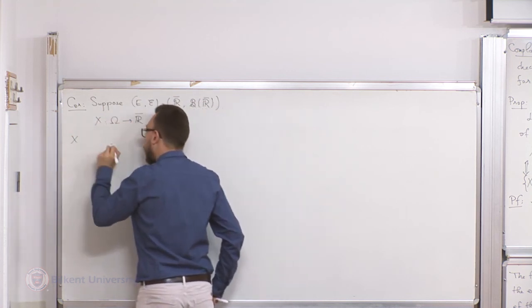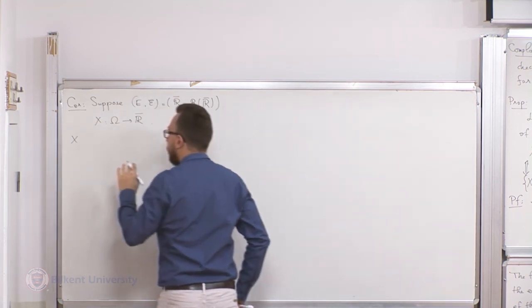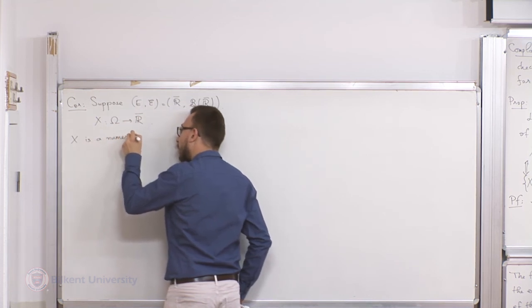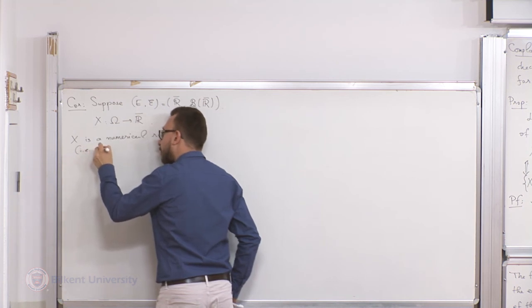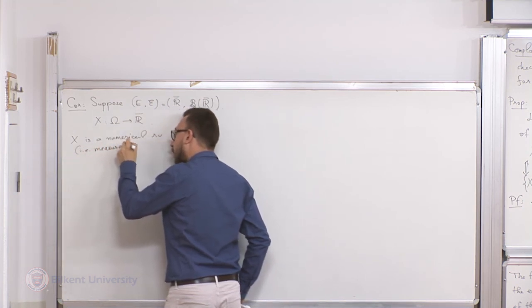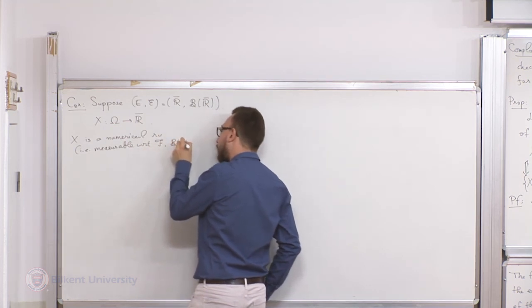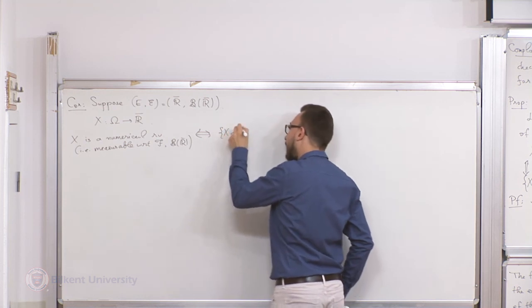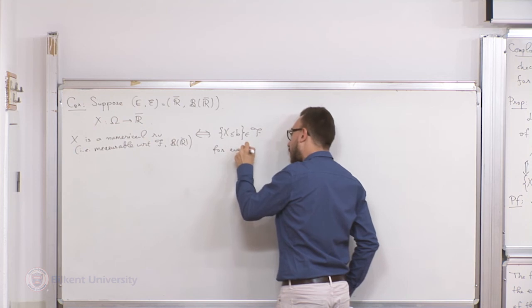So the restatement of this proposition is the following. X is a numerical random variable, namely measurable with respect to F and the Borel sigma algebra on R bar, if and only if {X less than b} is an event for every b.